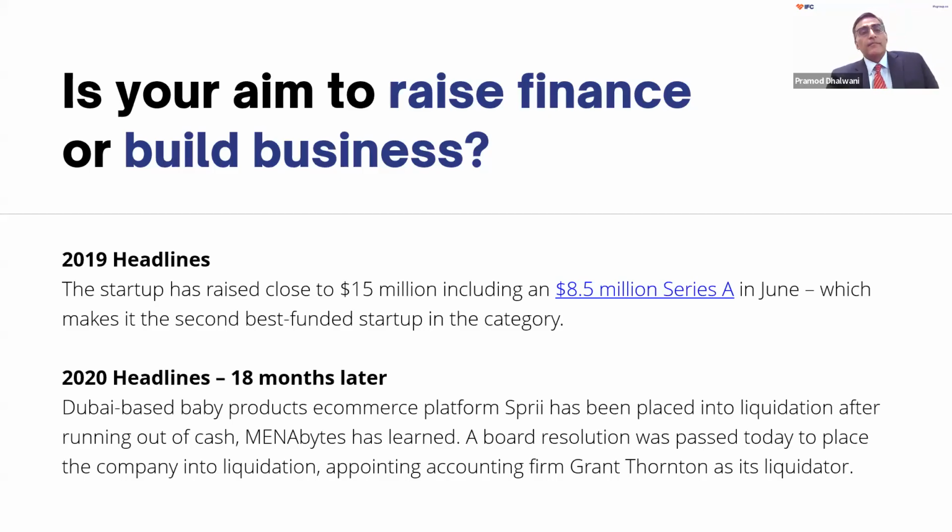Just to give an example of how important cash flow management is, this is a 2019 headline. One of the startups in Dubai, UAE, had raised close to $15 million, which included an 8.5 million Series A funding in June of 2019. It made it the second best funded startup in that category. Amazing growth story, amazing profitability.